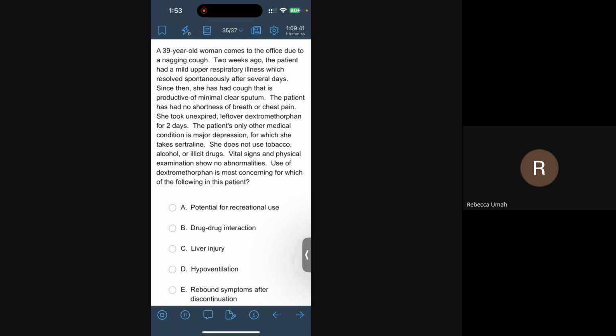Two weeks ago she had a mild upper respiratory illness which resolved spontaneously after several months. Since then she has had a cough productive of minimal sputum, without shortness of breath or chest pain. Her other medical condition is major depression, for which she takes sertraline, which is an SSRI, right? She does not use tobacco, alcohol, or illicit drugs.